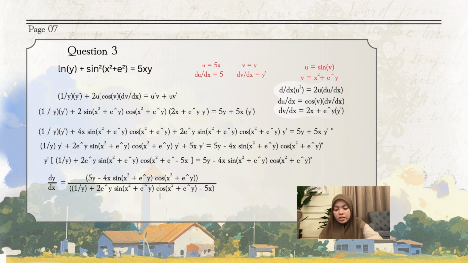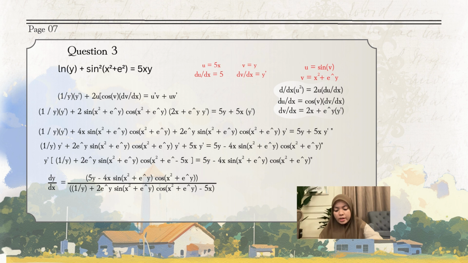Now I differentiate the right hand side, 5xy. Again, I will use u and v. Let u equal to 5x and v equal to y. Then u prime equal to 5 and v prime equal to y prime.